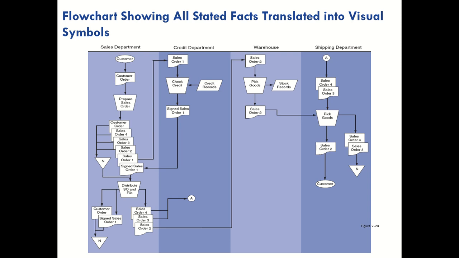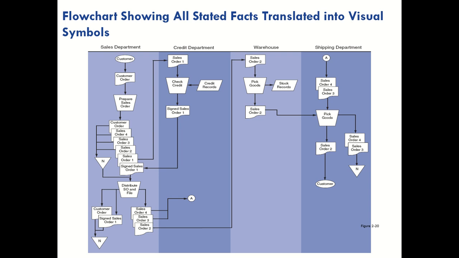So pagka-receive ng sales department, nung clerk doon, nung customer order, okay, magpe-prepare daw siya ng 4 na sales order. Okay, clear tayo. Kaya mapapansin nyo dito, we have documents doon sa symbol kanina. We have sales order 1, 2, 3, at saka yung 4. Nakasama na rin doon sa sales order na yon yung customer order natin at saka yung signed, no?